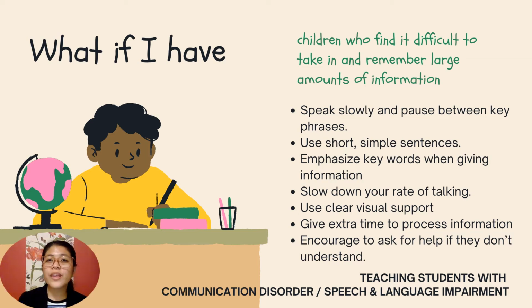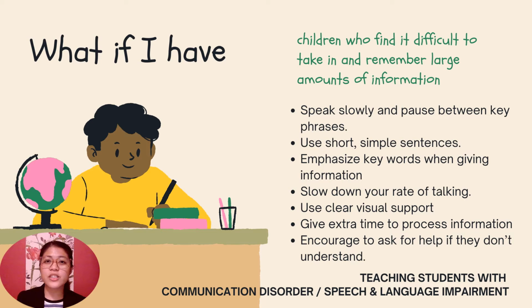Next, what if we have learners who have difficulty taking in and remembering large amounts of information? The teacher can speak slowly and pause between key phrases so that the child can process the information being given. Next is to use short and simple sentences and emphasize keywords when giving information.